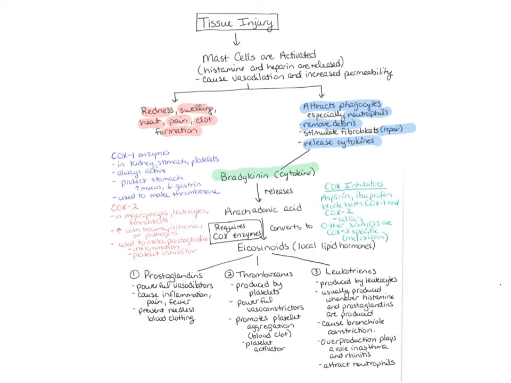When the tissues are damaged, bradykinin is released from the damaged tissues, and they are going to release arachidonic acid. Then arachidonic acid is going to convert to these things that we call eicosanoids. Eicosanoids are lipid hormones. They're local lipid hormones. You could read more about those in chapter 18, right, if you want to.